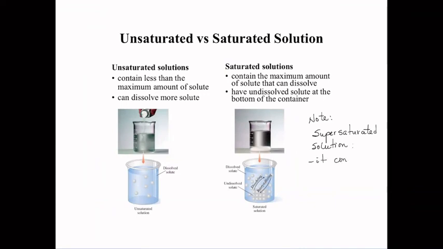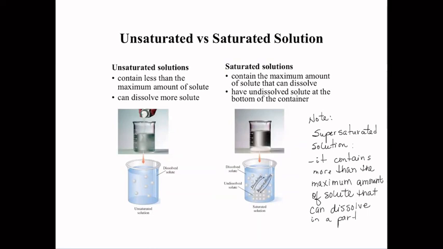It contains more than the maximum amount of solute that can dissolve in a particular solvent.